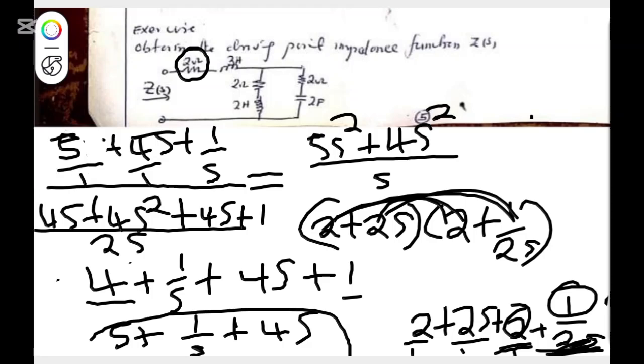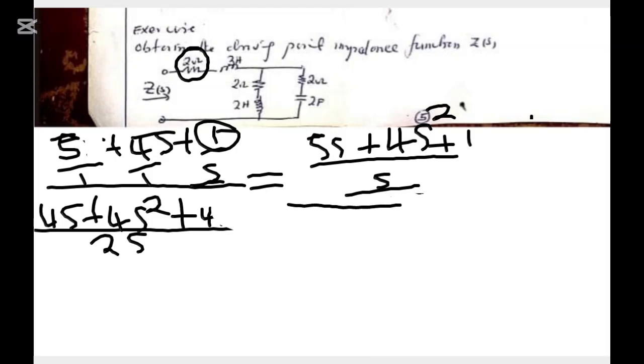So the next thing that I'm going to do, I have to delete the squared. There is no squared here. So then I have to say this s into this s will give me 1, and multiply by this 1. So I'll say plus 1. So let me have some space.